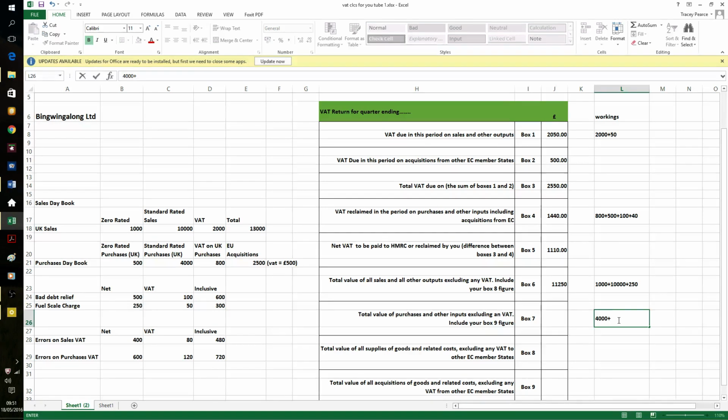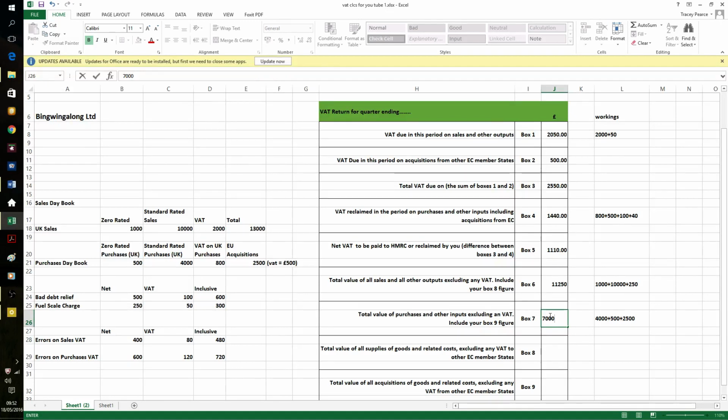So in this case, we've got the £4,000 of our standard rate purchases. We've got the £500 of our standard rate purchases. And we've got the £2,500 from our acquisition. That adds up to £7,000. So when it says other inputs, here's a little bit of an anomaly. It doesn't include the bad debt relief.